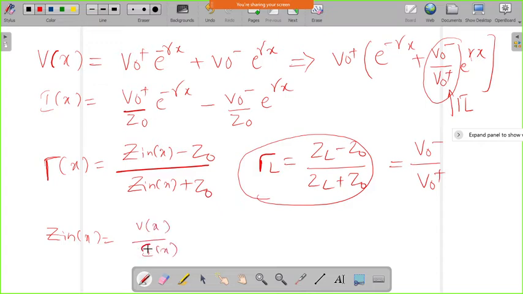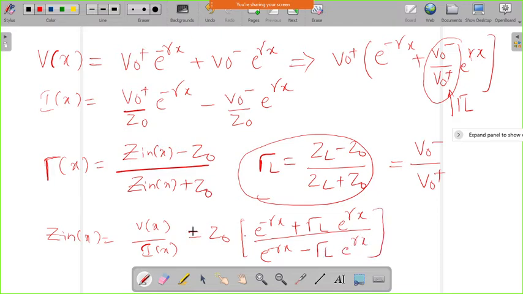If you take the ratio, it will give Z naught into e power minus gamma x plus gamma L into e power plus gamma x, divided by e power minus gamma x minus gamma L into e power plus gamma x. So this we get for the input impedance at any position on the two conductor system.